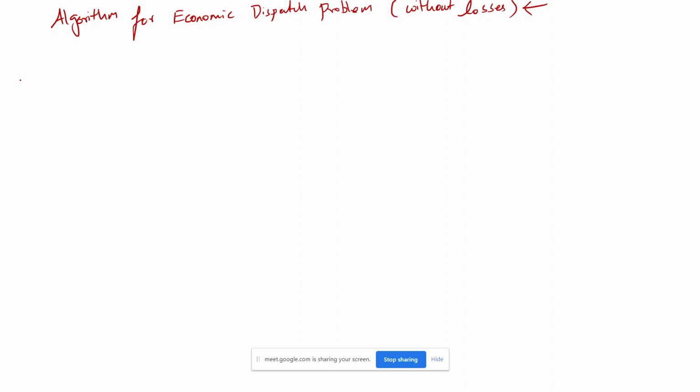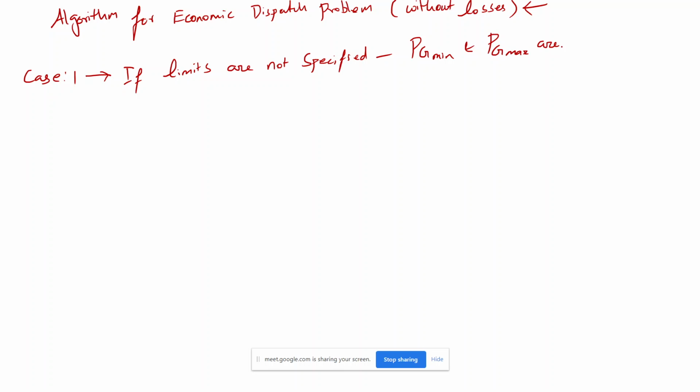Suppose in the question, case 1 is, if the limits are not given. What are these limits? That is PG min and PG max are not given. In some questions they may not be given. If that is the case, you need to follow these steps.